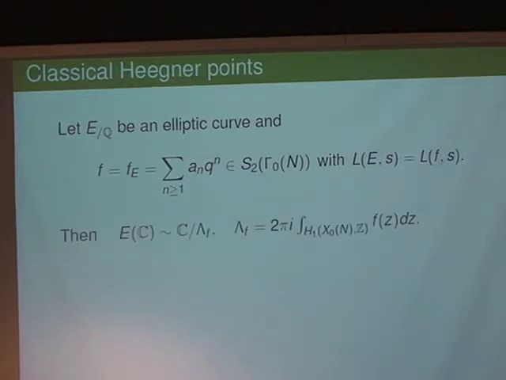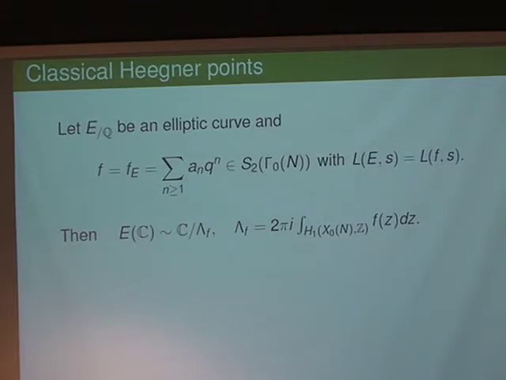When you have this, you can recover the torus, the complex points of the elliptic curve, as a complex lattice, where this lattice can be computed using these periods that Rob was explaining before.